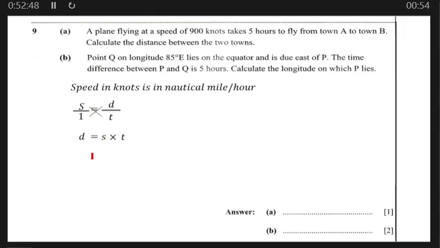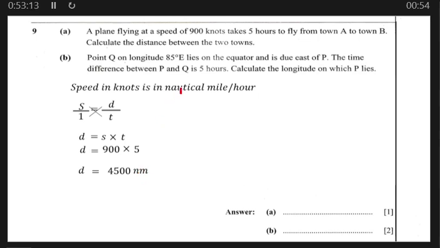Then we substitute: d is equal to speed 900 times time 5 hours, which is 4,500 nautical miles.